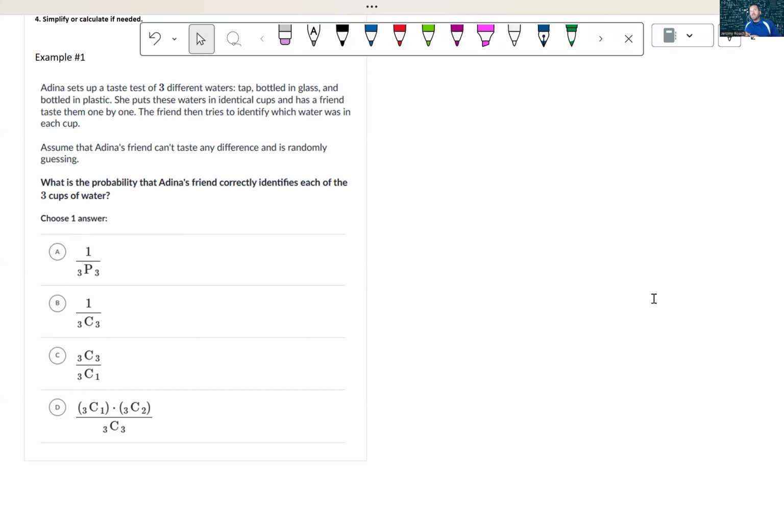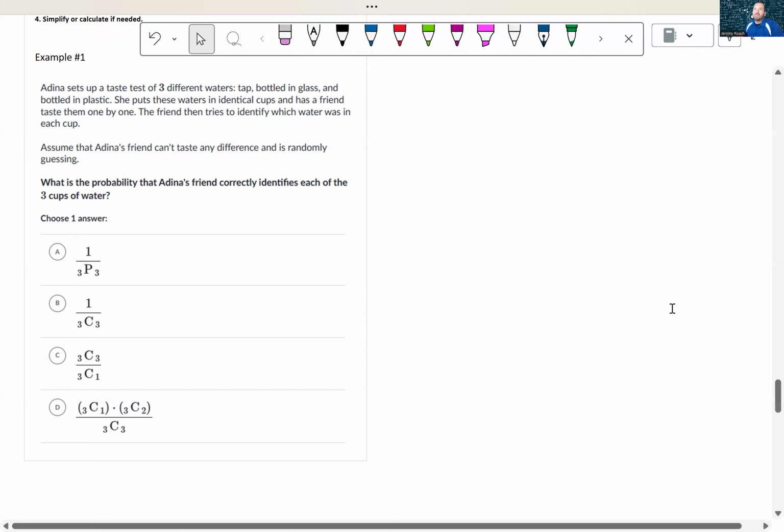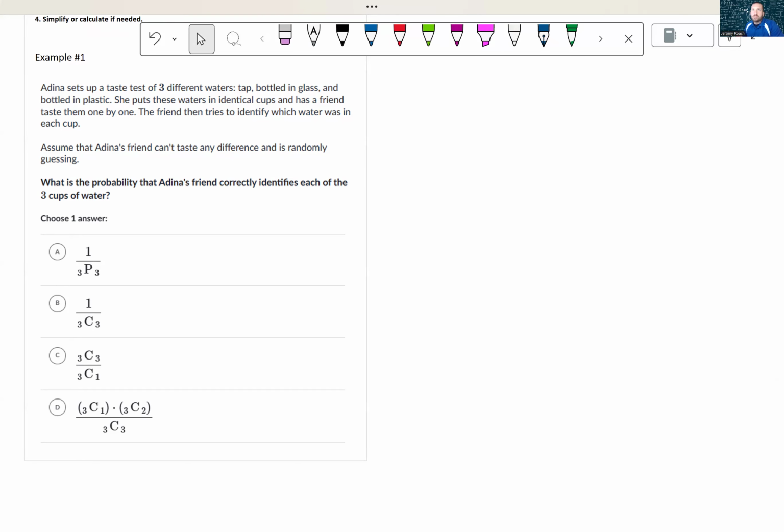Okay, so for our first step, we want to know what one outcome looks like. So we want to ask ourselves, what exactly is happening in one complete result? So for this problem, one outcome is a complete assignment of the 3 water types to the 3 cups. Each water has to be matched to the specific cup.